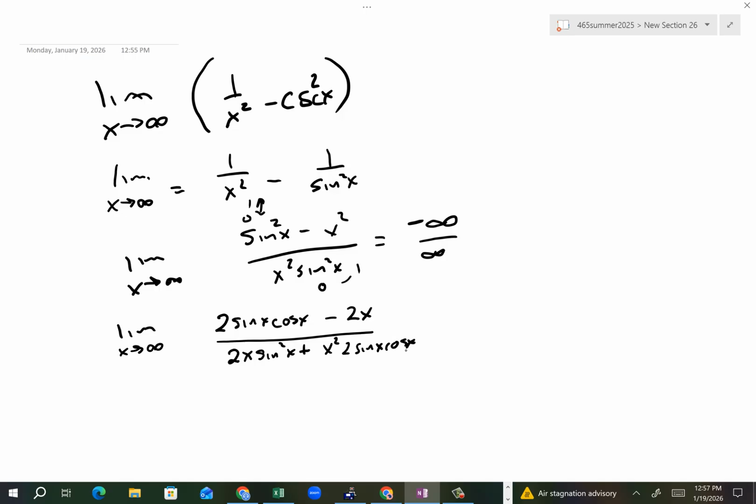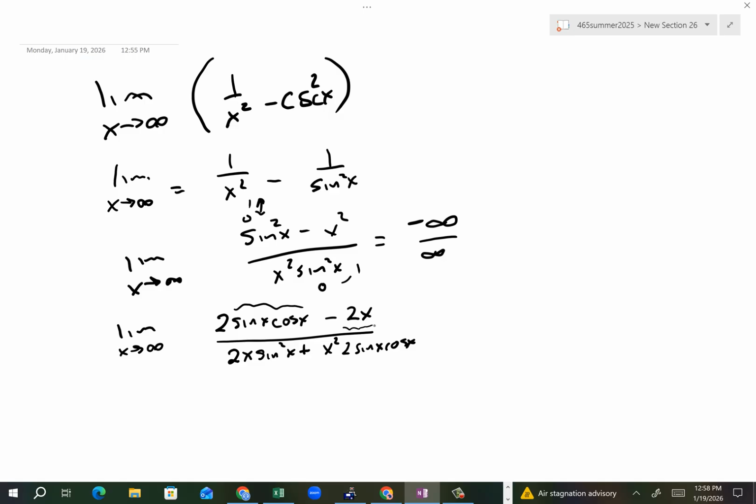Something like that. Okay, now you take the derivative. Now what do you do? If I take the limit now, again, this is just bouncing up and down, positive and negative 1 times 2, so positive and negative 2.